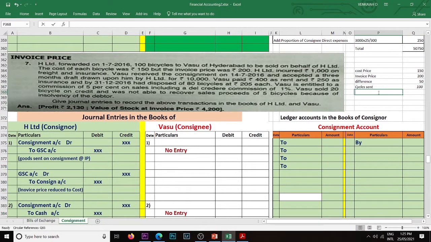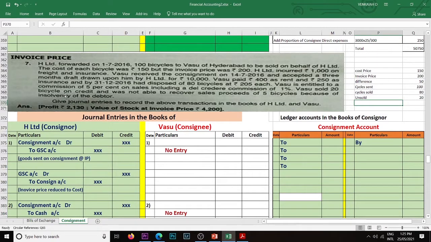Cycles sold is 80. Unsold is 20. So in this problem, we also have the calculation of unsold stock.